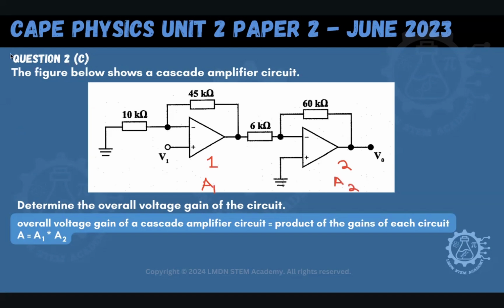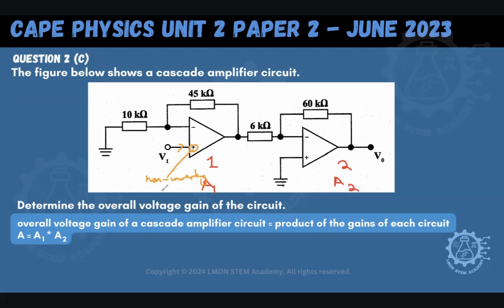So we need to find the gain of A1 and then A2 and then multiply them. When we look at A1, what do we notice? Our input is going to the positive node. That means we have a non-inverting amplifier in the first case, because my input voltage is going to my positive node.